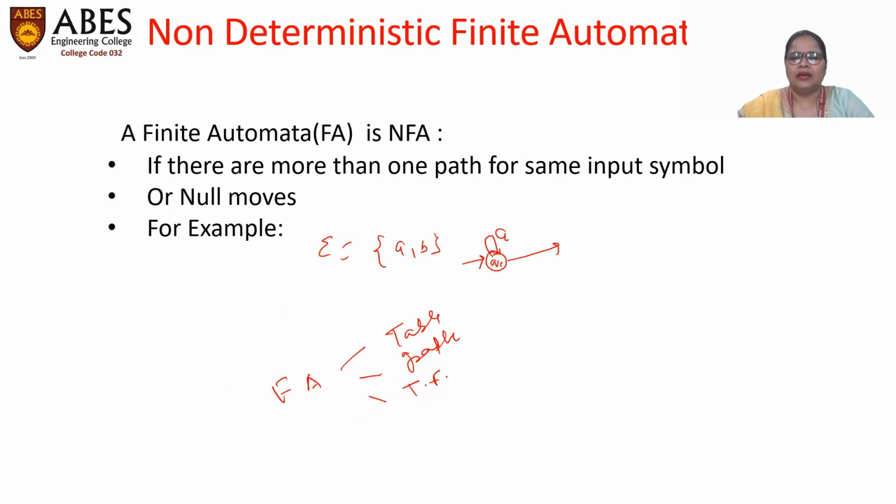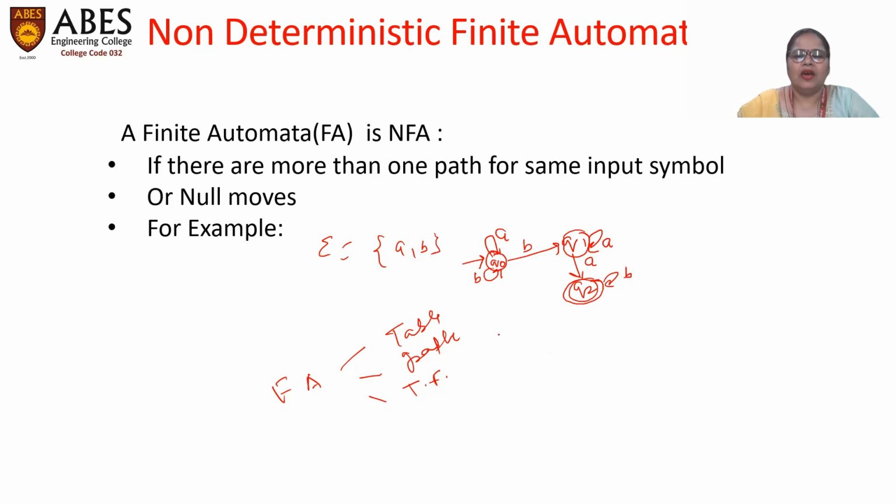This is state Q0, here b, Q1, b, and a, Q2, a and b. In this example, this is the transition graph of an automata.